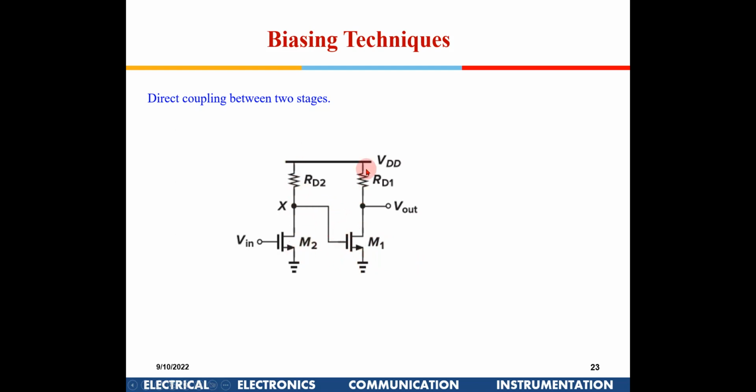Each stage will be designed separately, and if you can match the DC requirement, it is good. If you cannot match the DC requirement, then you put a blocking capacitor here and a biasing circuit out here. Is it okay? Yes. Thank you.